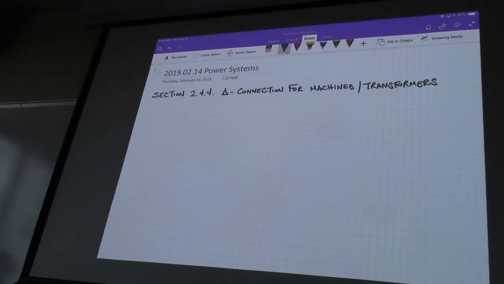Okay, and then the next subsection, 2.4.4.1, they got a lot of subsections, is the delta-to-wye conversion. So we had said that we would talk about this, but we hadn't gotten to it yet, right?